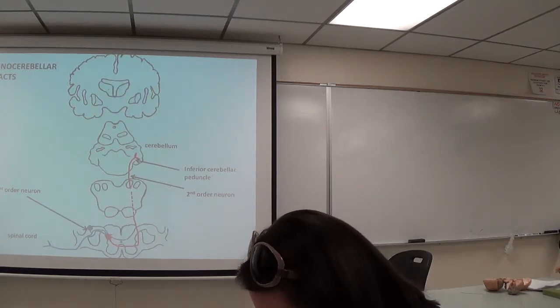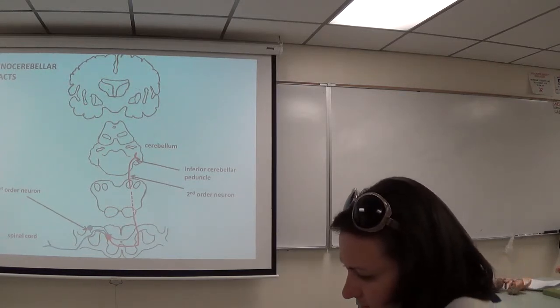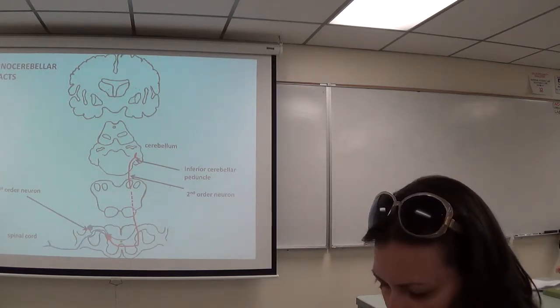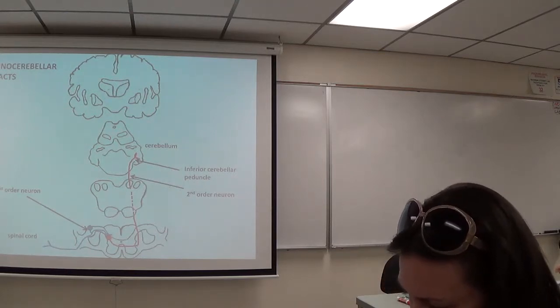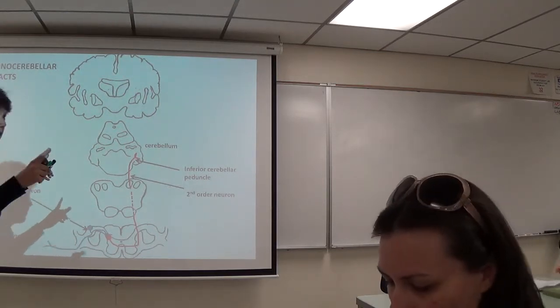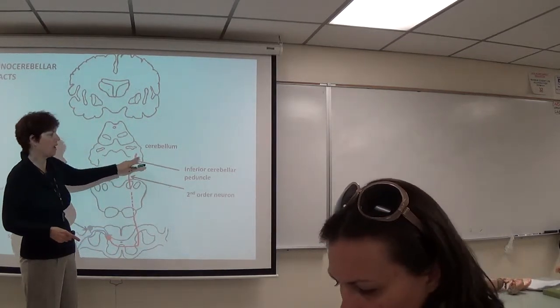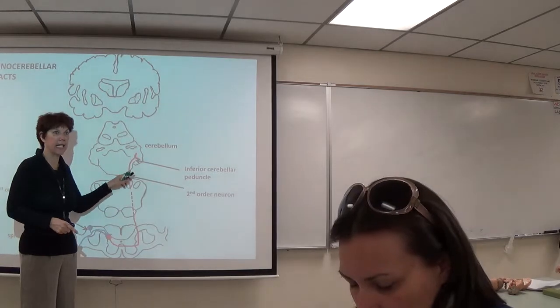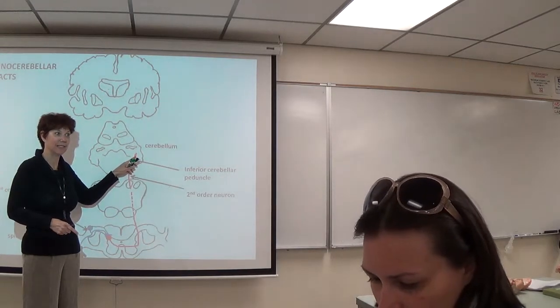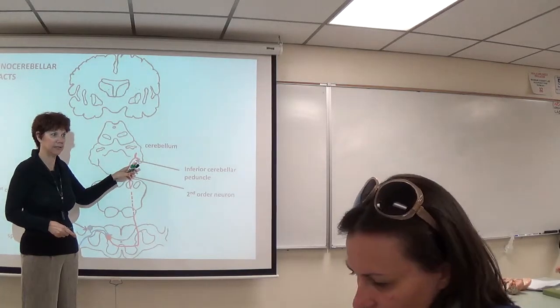All right, that's going to be the proprioception. That's going to be the posterior column pathway. This pathway is unconscious, or subconscious, I should say. So I'm just looking at cerebellar peduncle. So this is subconscious processing of joint position. All right, that's what's going through the inferior cerebellar peduncle.